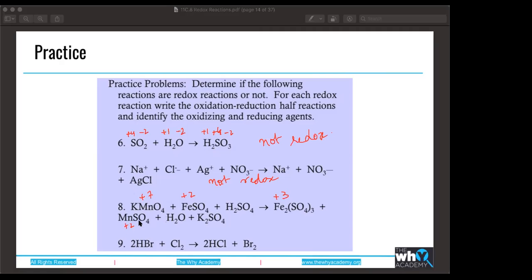Sorry, yes, it's a sulfate ion here. My bad. So +7 to +2, reduction has taken place, +2 to +3, oxidation has taken place. So how do you write the half reaction here?